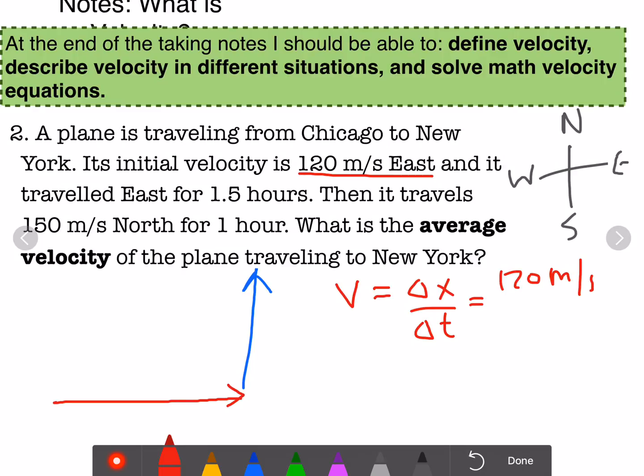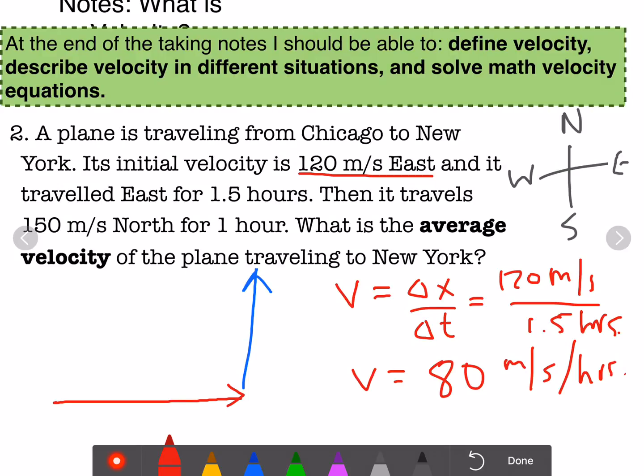We have 120 meters per second, and then we got our time, 1.5 hours. If I do that on the calculator, 120 divided by 1.5, we got 80. Since we have different units there, we have to leave it that way. So this is going to be 80 meters per second per hour.